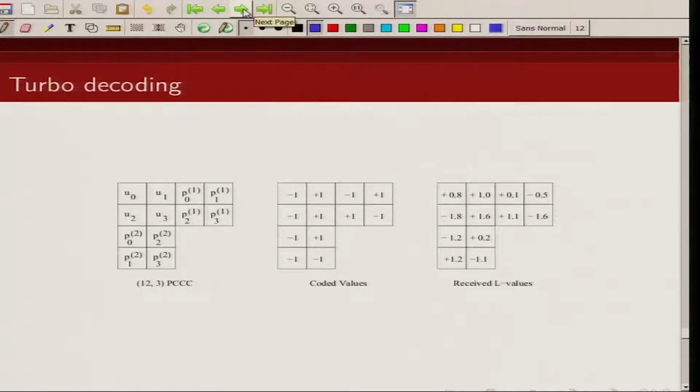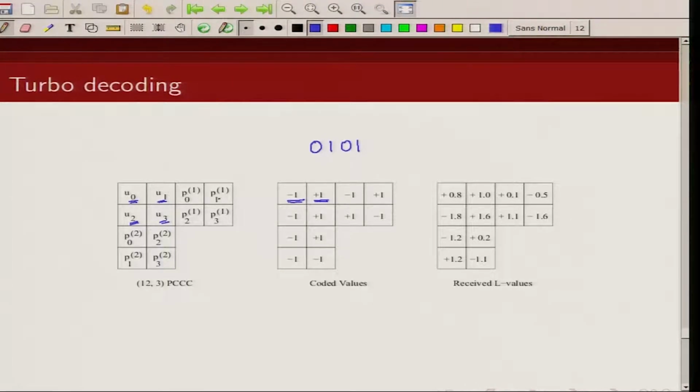These are my information bits U0, U1, U2, U3. As I said, if it is a 0, I am mapping it to -1, and if it is a 1, I am mapping it to +1. So, the information sequence here is U0 is 0, U1 is 1, U2 is 0 and U3 is 1.